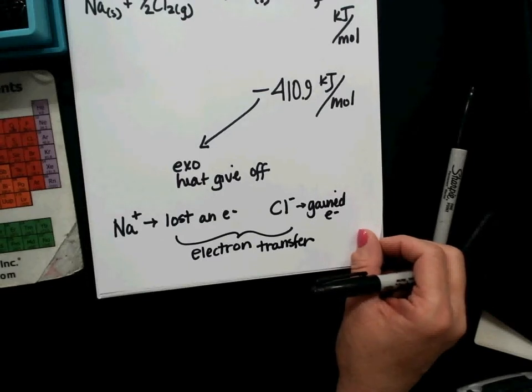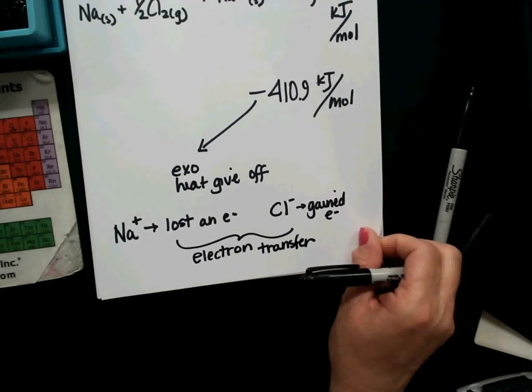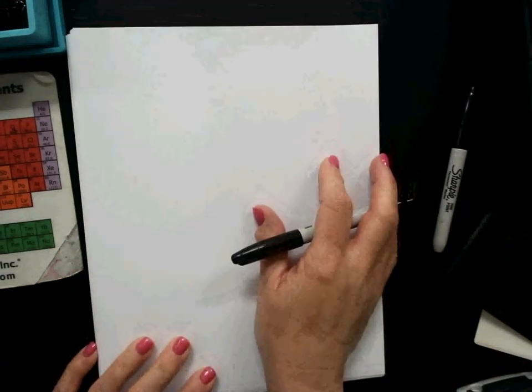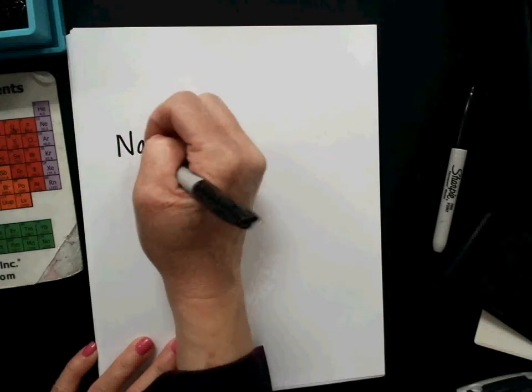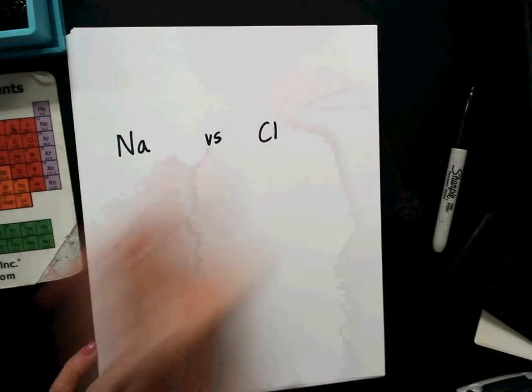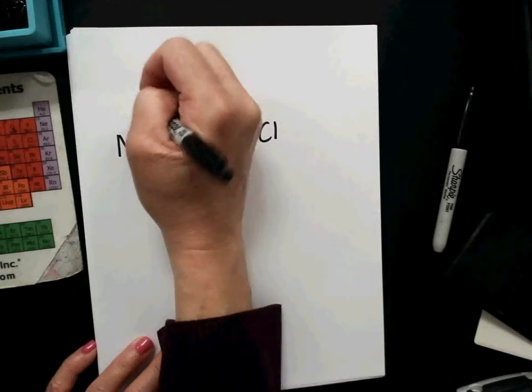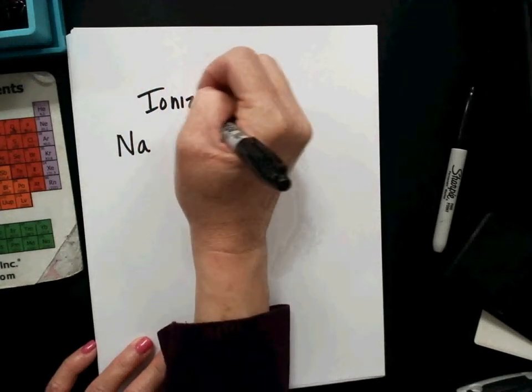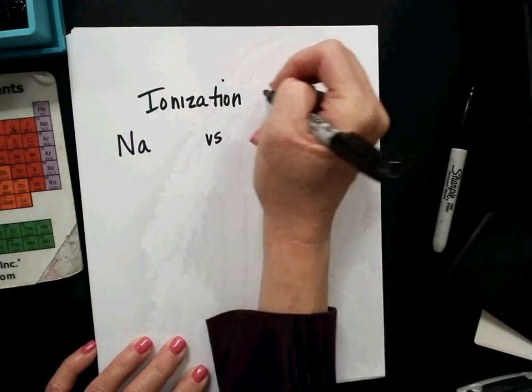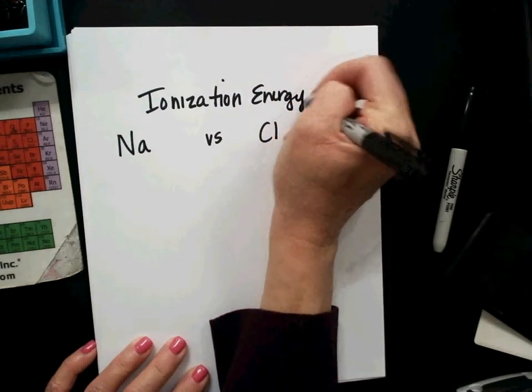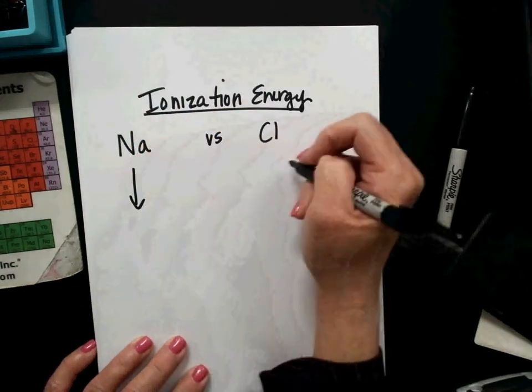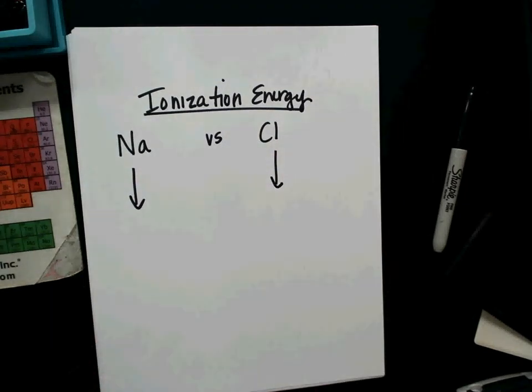Now, when I look at this and when I think about it, I should be able to link this to the last chapter. So let's take a second and do that. If I look at Na versus Cl in terms of ionization energy, what kind of ionization energy does sodium have based on the trend and where it is on your periodic table?